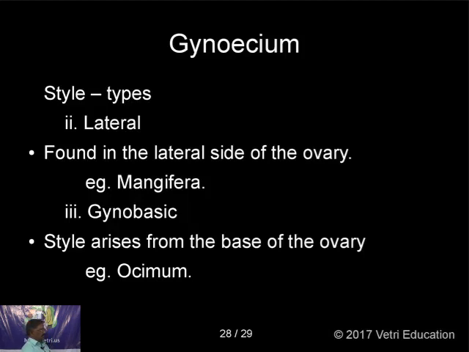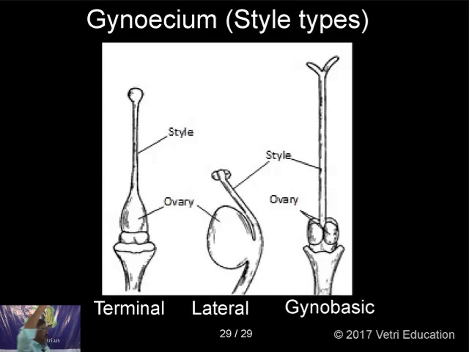And the third one is the gynobasic style. In the gynobasic style, the style arises from the base of the ovary, found in Ocimum and the Lamiaceae family. Here three diagrams are given. The first is the most common one, where the style is at the tip of the ovary, also called an apical style.